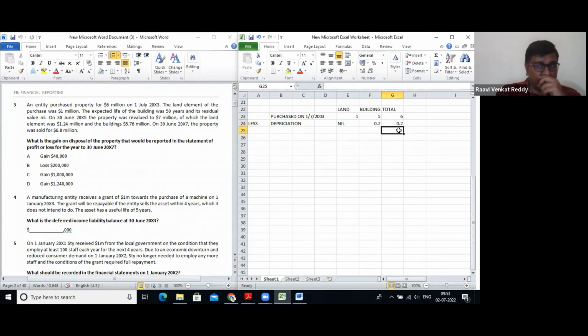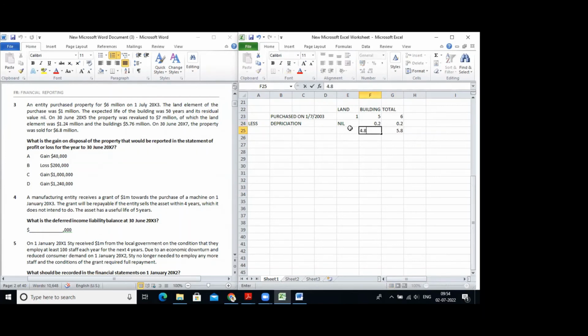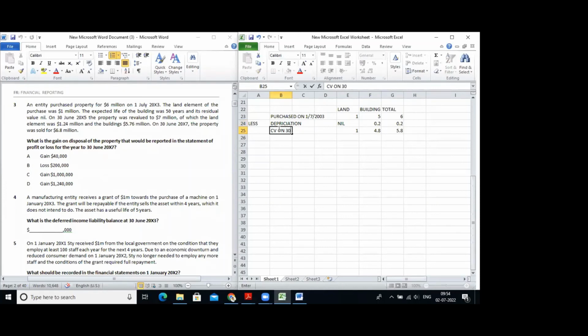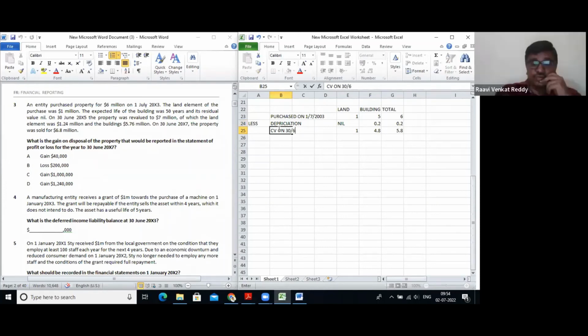So finally the carrying value will be 5.8, and the building carrying value will be 4.8. There will not be any change in the carrying value of the land. These are the carrying values on 30th June 2005.